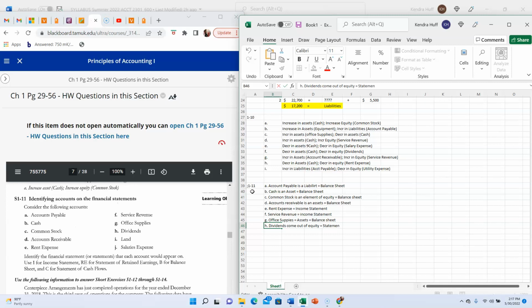That's where you actually see the dividend. Land is an asset, which means it goes on the balance sheet. And then salary expense is an expense, which means you would find it on the income statement.